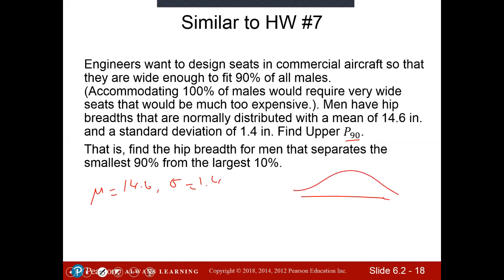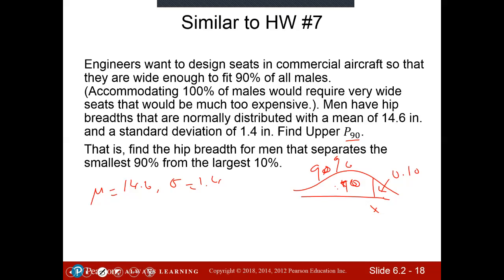I want to find that X value. So this is 0.10 on the right, and to the left is 0.90, or 90%. Okay, so now the question is, how do I get this X value?